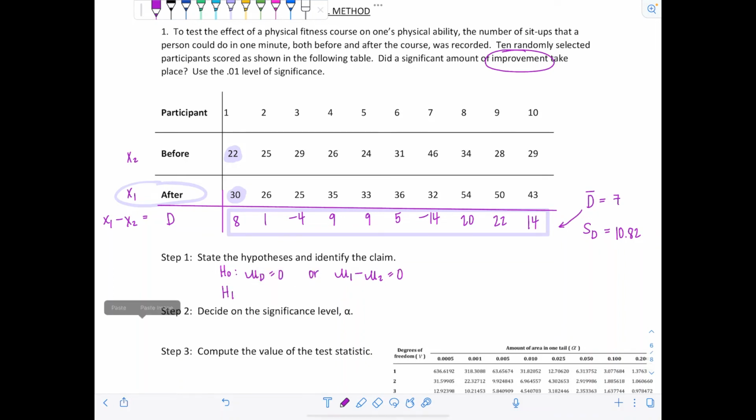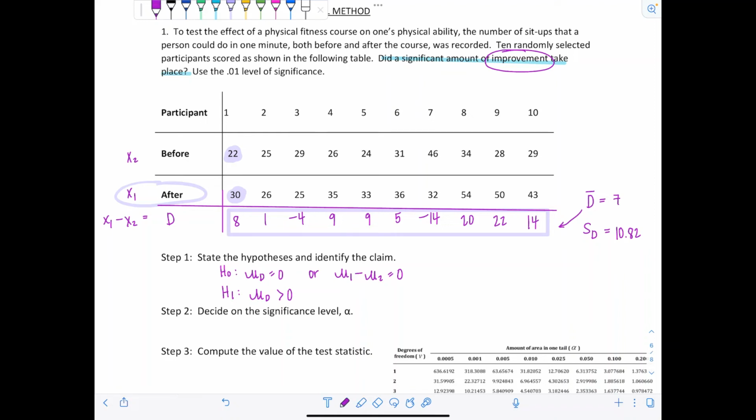And then alternative is going to be that mu sub D is greater than 0. Why do I say that? Because look at the question here. Did a significant amount of improvement take place? Okay, so they're interested in or claiming that the number of sit-ups a person could do went up. We're gauging all of your physical fitness ability based on sit-ups, okay, whatever.